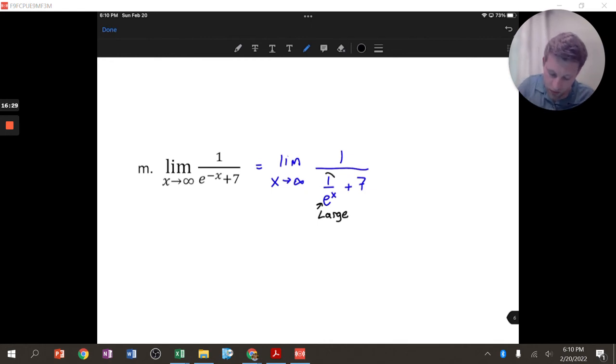So this quantity here overall actually tends off towards 0. So what we really have here is a constant 1 divided by 0 plus 7, or in this case, we'd just be left with 1 over 7, because 1 over e to the x will tend off to 0 as x goes to infinity. So 1 over 7 would be our result.